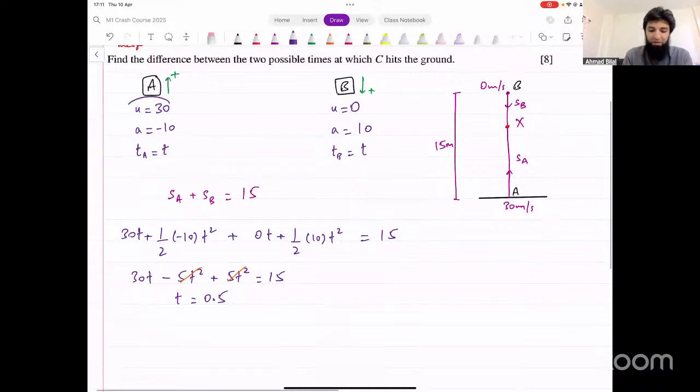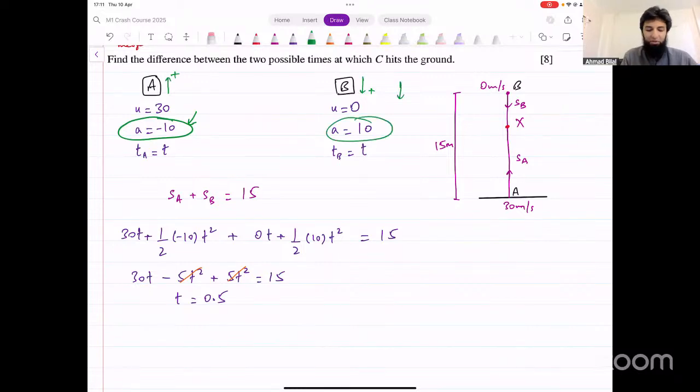That's why the velocities are going to be positive for both of them, but acceleration for the first one is going to be negative, and for this it's going to be positive. When we take upwards positive, gravity is acting downwards, so this is negative. When we take downwards positive, gravity is also acting downwards, so in that case, acceleration is positive 10. Okay, so we got the value for t.